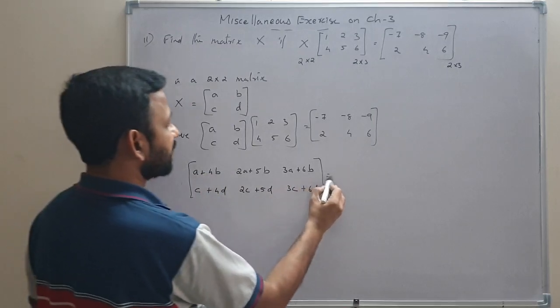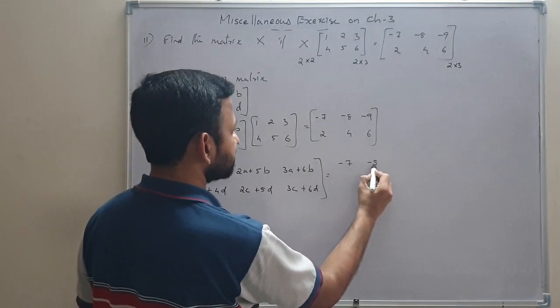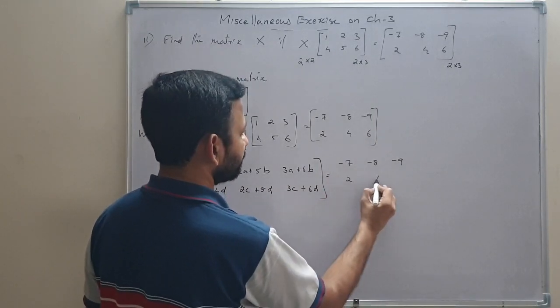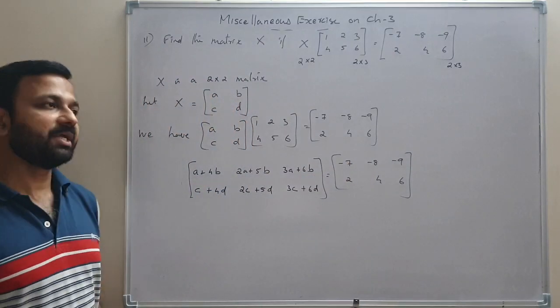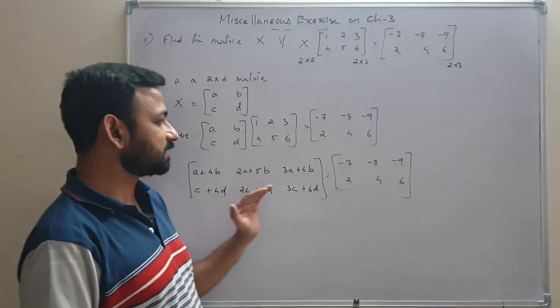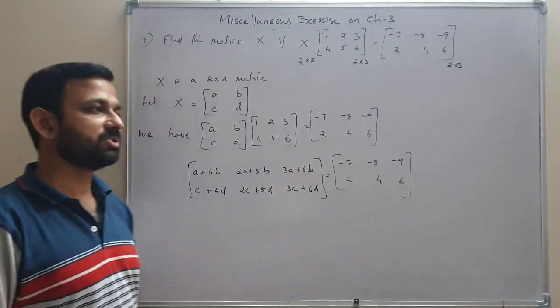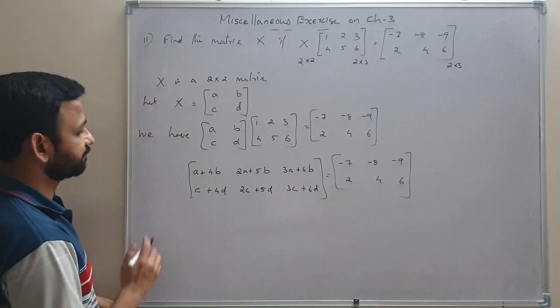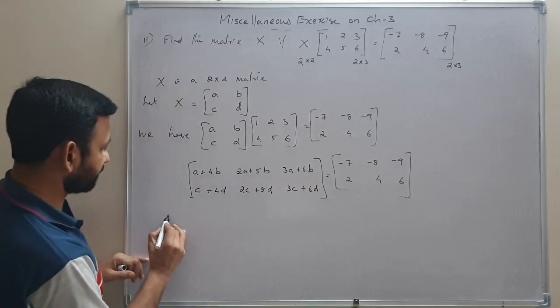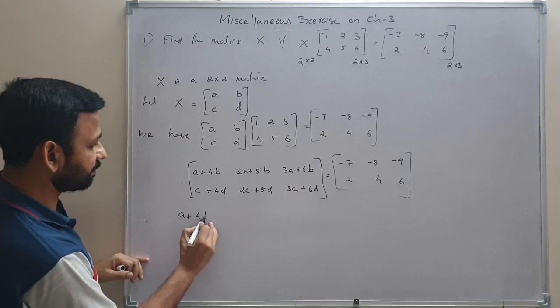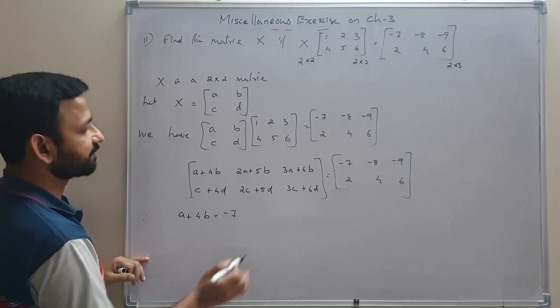Equal to that matrix [-7, -8, -9; 2, 4, 6]. Now these two matrices are equal. If two matrices are equal, then the corresponding elements are equal. So we can equate the corresponding elements. First element equal to first element, that is a plus 4b equal to -7.